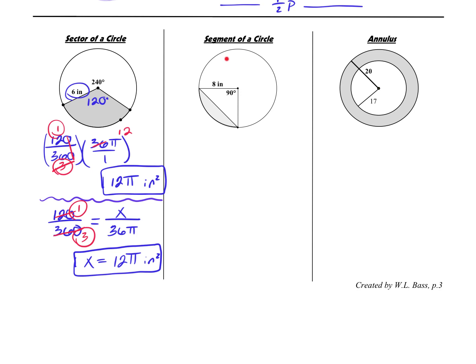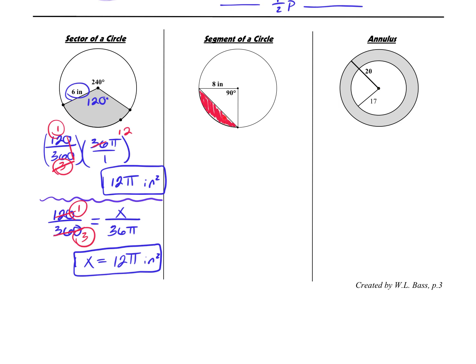The next thing that we're going to look at is called a segment of a circle, and this very specific language, segment of a circle, is not a straight object. A segment of a circle is a shaded region. It's specifically, and maybe yours doesn't show up super well, this tiny little space that is going to be between a chord and the circle.